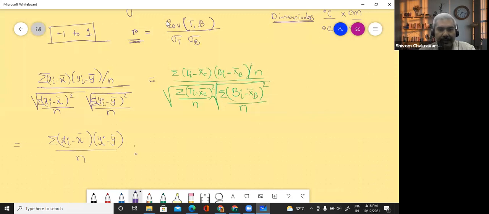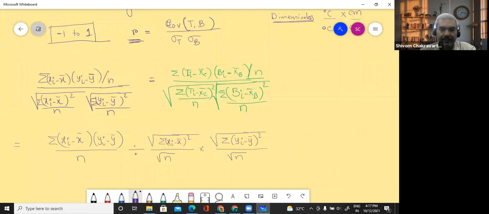Dividing by that is the same as writing below, divided by the square root of summation of xi minus x bar whole square divided by n, multiplied by the square root of summation of yi minus y bar whole square divided by n. So this square root of n and the square root of n we can combine. It becomes n.